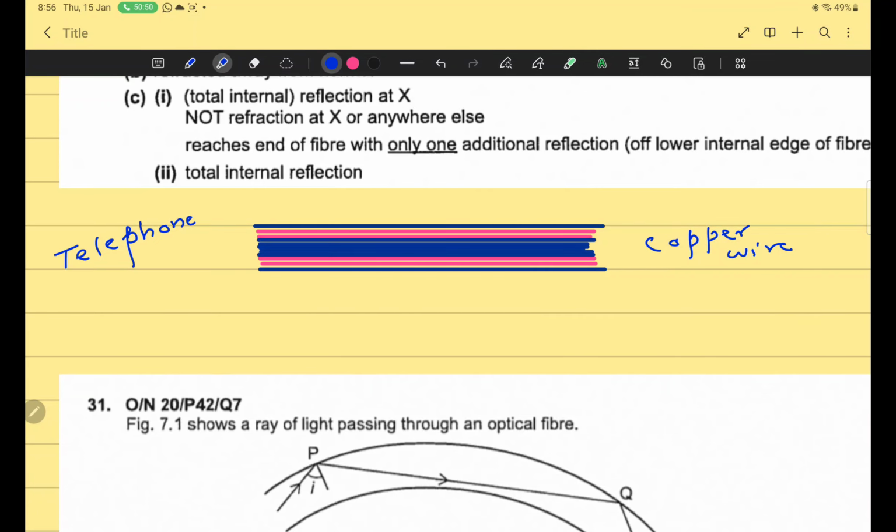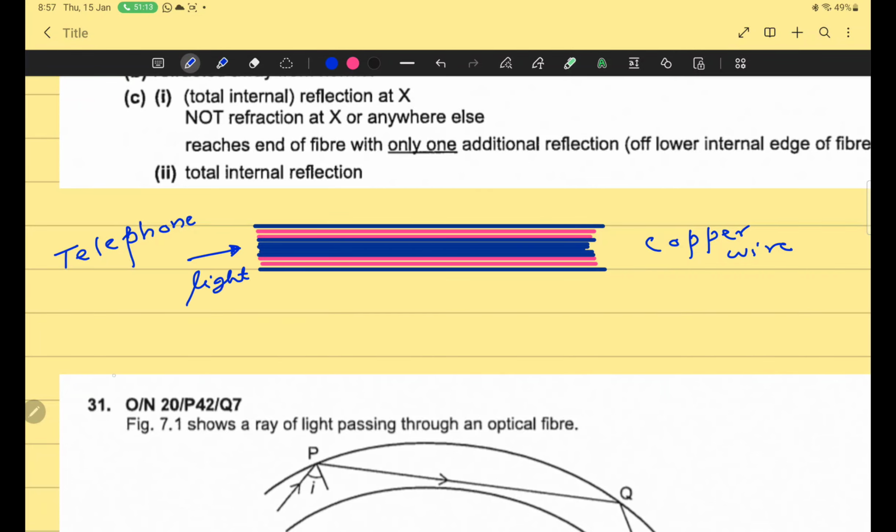This central layer which I have drawn with blue color is a transparent material. Transparent means through which light can pass. And in this transparent material, light is entered.